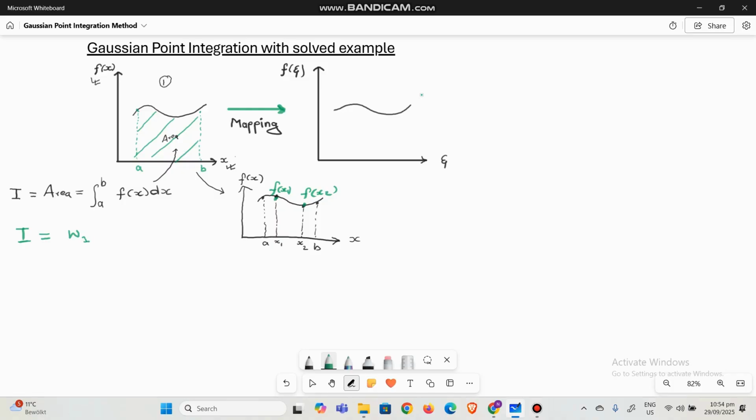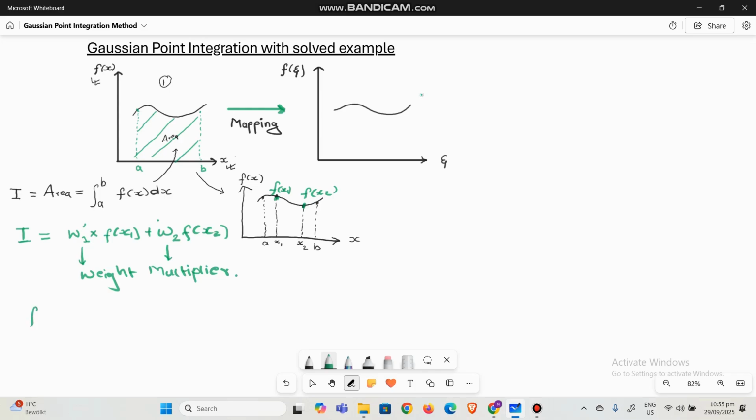This is w1 times f(x1) plus w2 times f(x2), and these w1 and w2 are just the weight multipliers. These are weight multipliers so that we can approximate the total area. Here I chose two Gaussian points, so we only used w1 and w2.